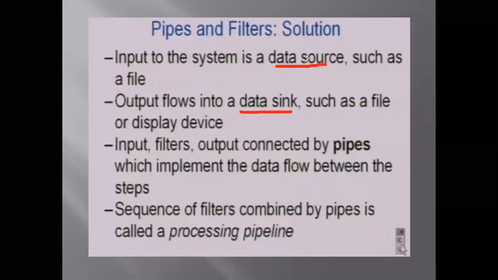The data source acts as some input device, and the data sink acts as some output device, and the input filters and output are connected, as we have already seen, through an intermediate component, that is pipes, and these pipes will have their own buffers, which implement the data flow between the steps. The sequence of filters and pipes combined is called a processing pipeline.